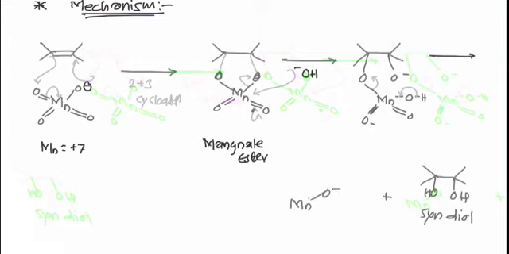You will get MnO negative, double bond O and double bond O.